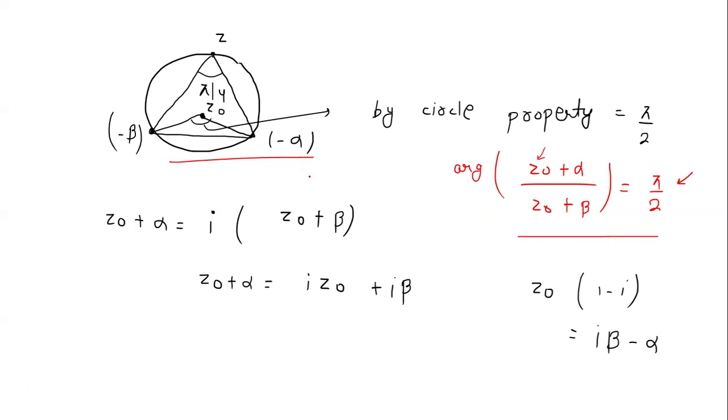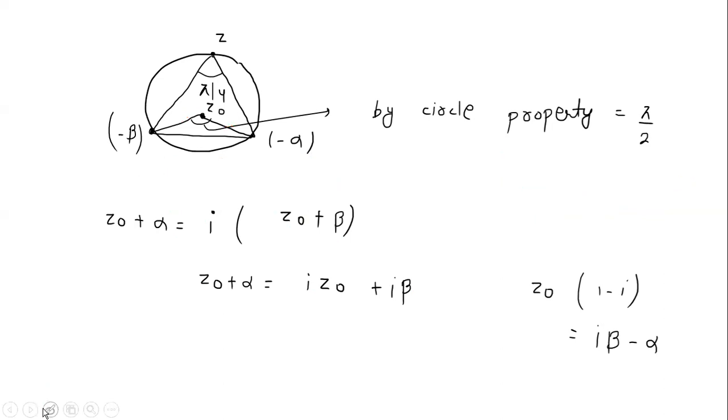And if the angle between this line and this line is pi by 2, then we can write z naught plus alpha is iota times (z naught plus beta) because of this angle. It is the rotation by an angle of 90 degrees, so you just multiply z naught plus beta by iota, and this is equivalent to z naught plus alpha. So this is the meaning of this property, the argument of (z naught plus alpha) divided by (z naught plus beta).